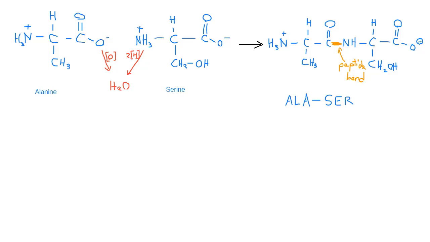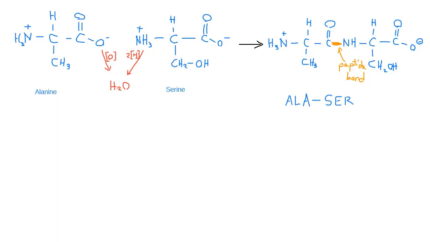Now, amino acids can be linked together in very small chains, but they can also be linked together in very large chains. You can actually have peptide chains that consist of hundreds and even thousands of amino acids. So when you have amino acid chains that are linked together and they're longer than a certain point, we tend to call those proteins.